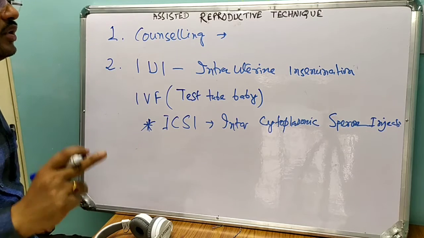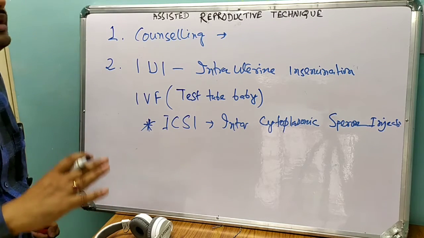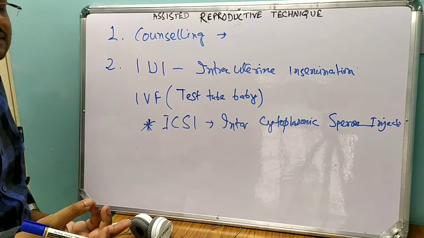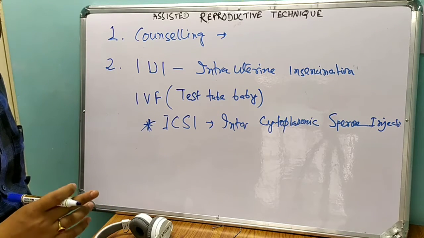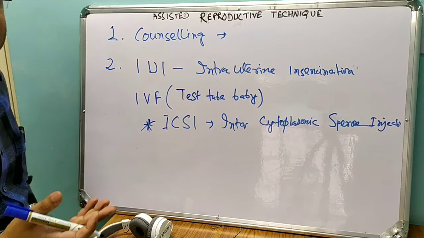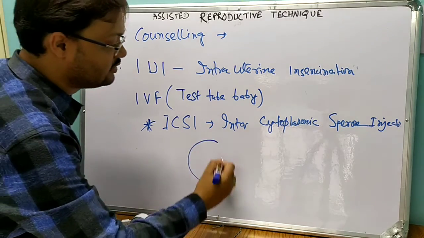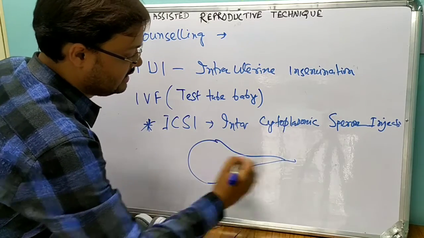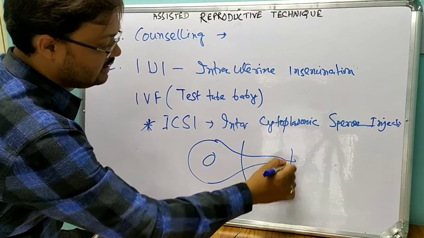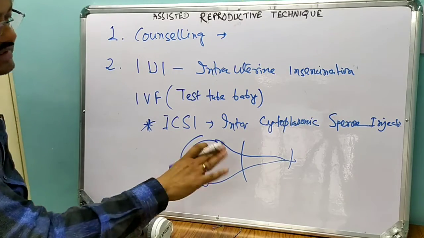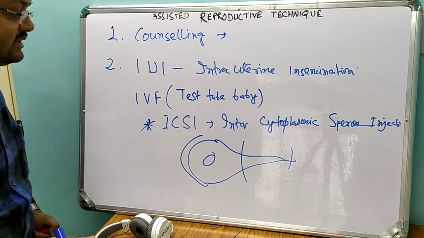So what we do, we collect the sperm and process it, particularly with the hyaluronidase enzyme as well as some other specific enzymes, so that the tail, the body, and the acrosomal cap of the sperm are all removed enzymatically.